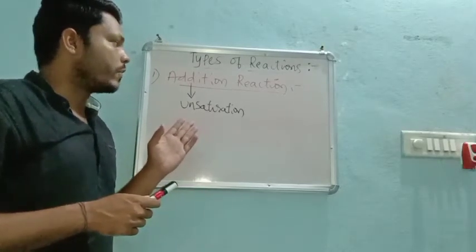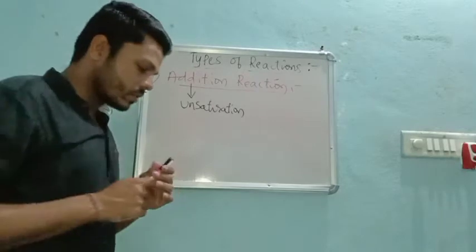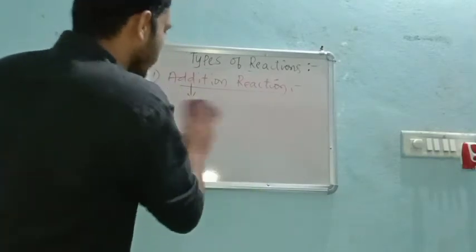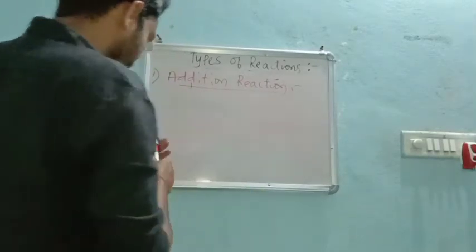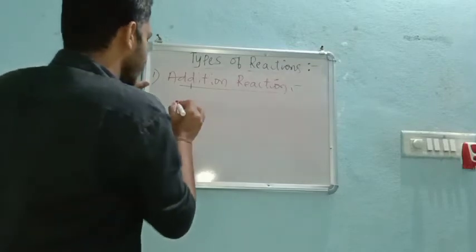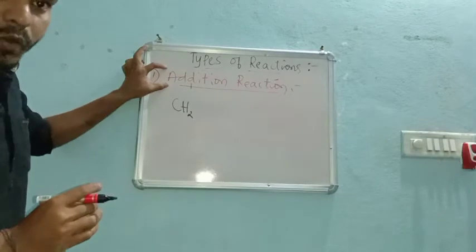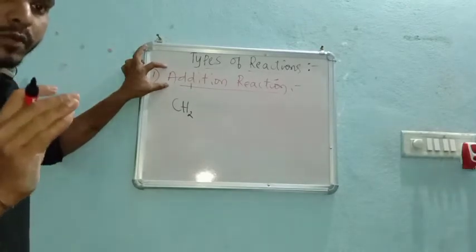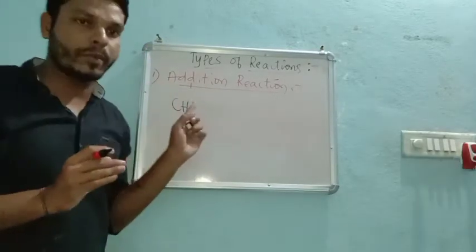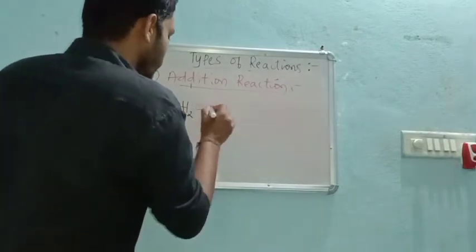Where can we add these compounds? We will see one example like this, then you can easily understand. The condition is that only unsaturated compounds can undergo addition type of reaction. So this is very important.